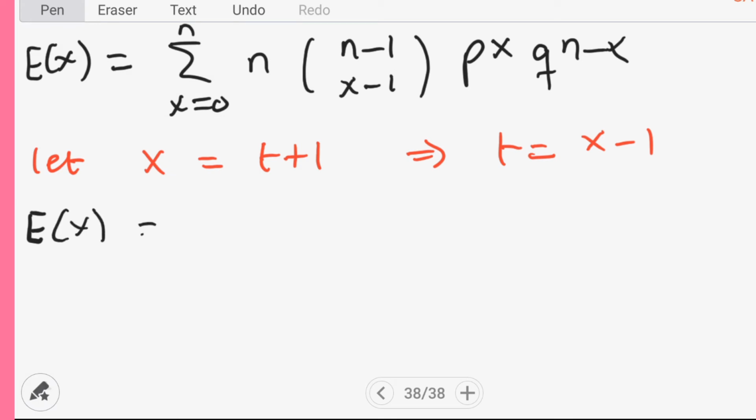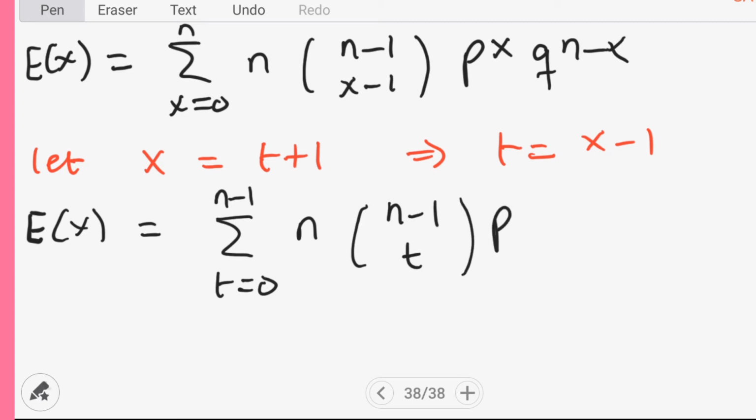being written as summing on t from 0. Now if you are summing on t, we'll no longer be summing from 0 to n, but rather on t from 0 to n minus 1. Take note. Then we have n multiplying n minus 1 combination t, because wherever we see x minus 1, we are substituting t.